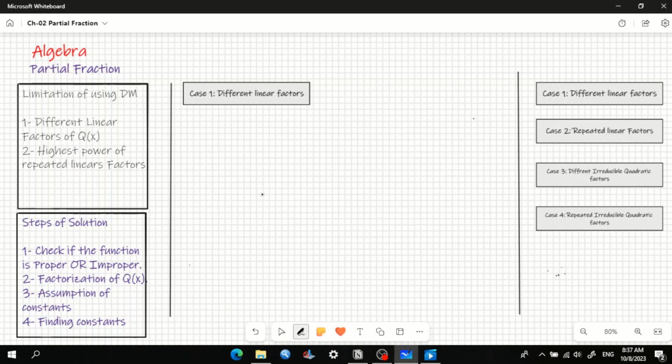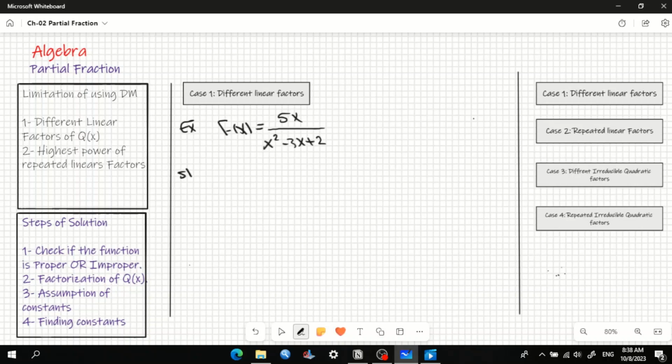Let's start with case one, different linear factors. If I have f of x equal to 5x over x squared plus 3x plus 2, let's follow these steps.